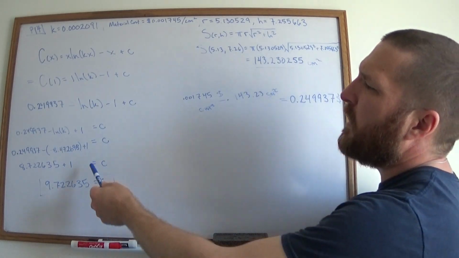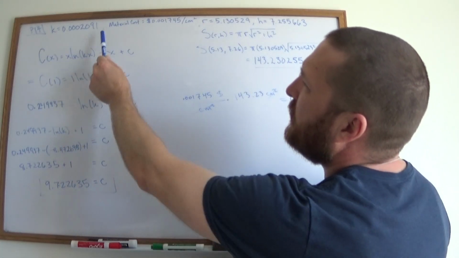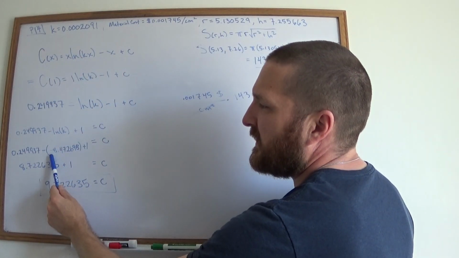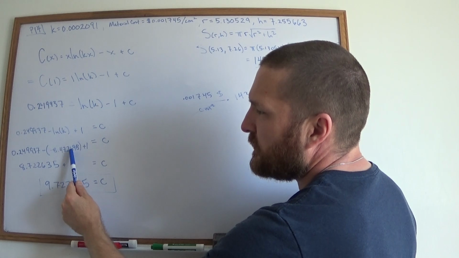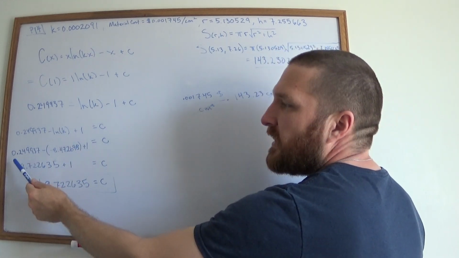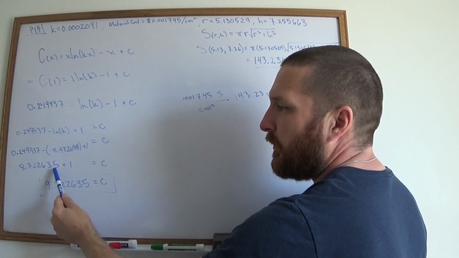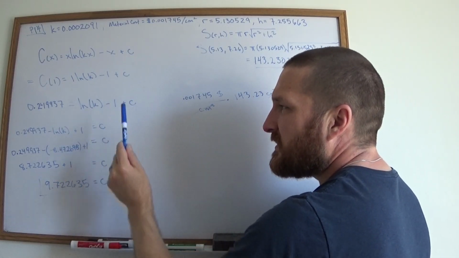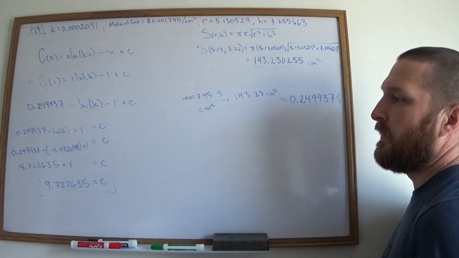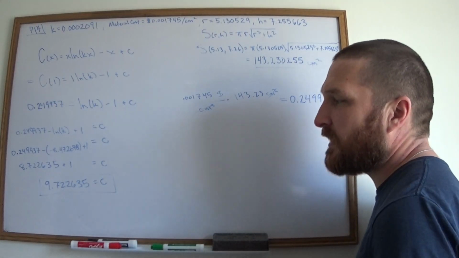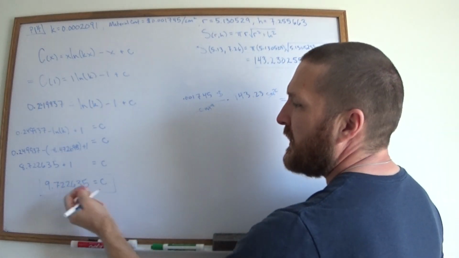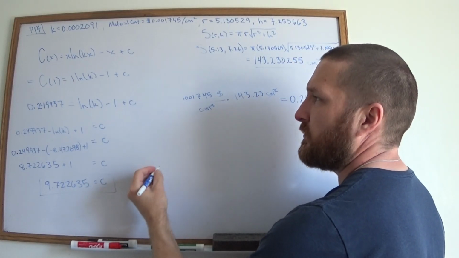So I went to Wolfram Alpha and computed log of this number right here. It gave me negative 8.472698. You take this number minus a minus, it gives you 8.7 and so on, plus 1. Finally, the c that we're looking for, corresponding to the particular solution that we care about, is 9.722635.